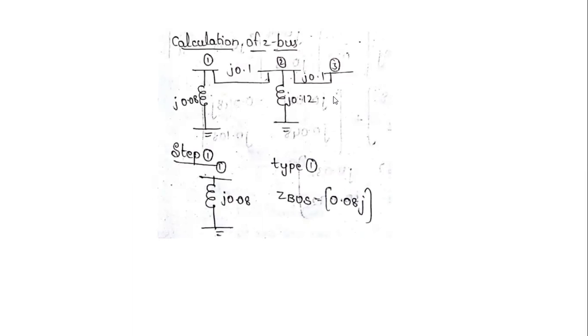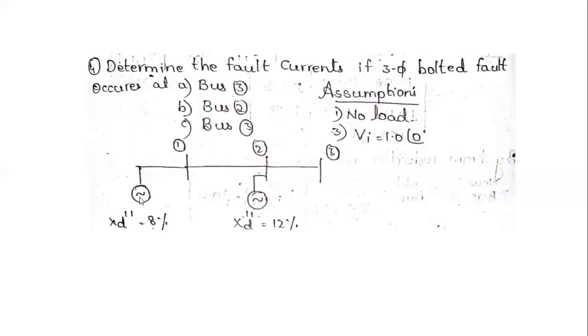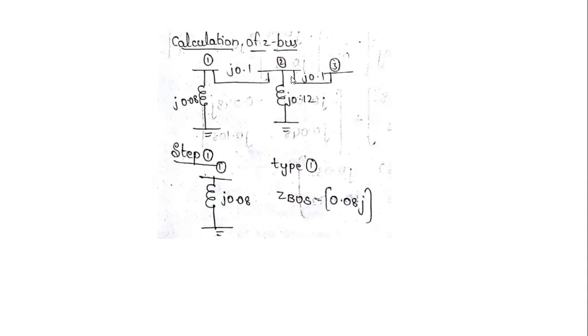This is generator 1, connected to bus 1, and the generator is represented as a reactance only. The element between bus 1 and bus 2 is represented as a straight line, and between bus 2 and bus 3 we have another element. Generator 2 is connected to bus 2 and its reactance is j0.12. This is element 1 and this is element 2. This is the reactance diagram for the given single line diagram.